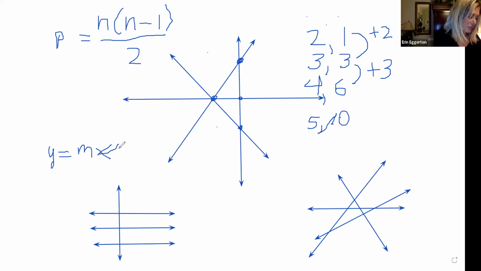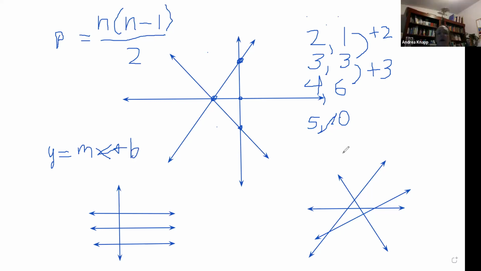So if you had an equation of the number of points equals 2 times the number of intersections, it's n to the first power. If you have it in this format where it's just some number times the n, that's going to be a straight line.